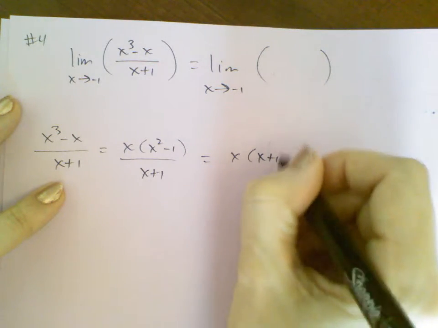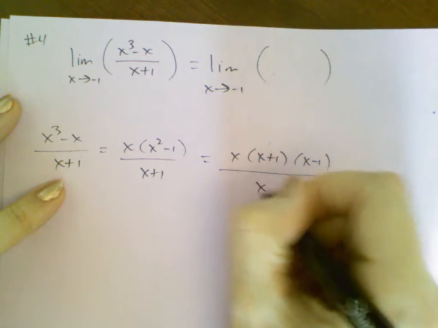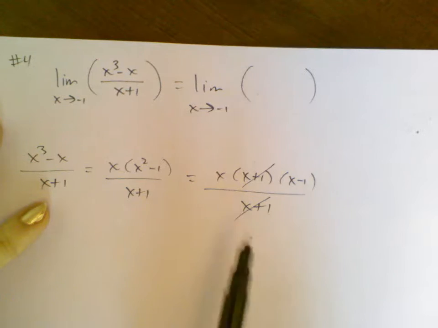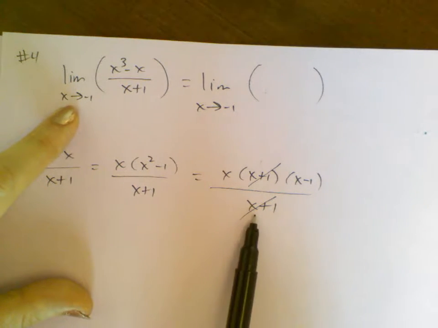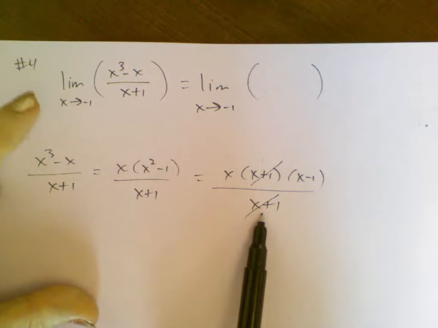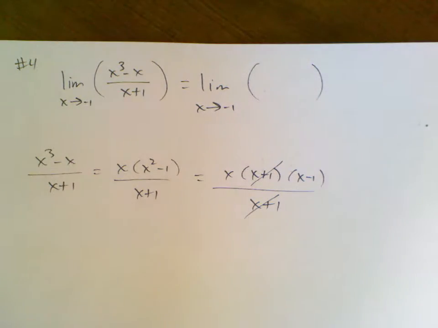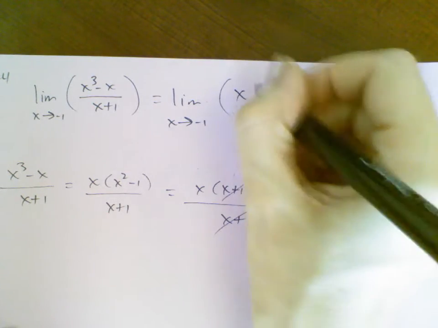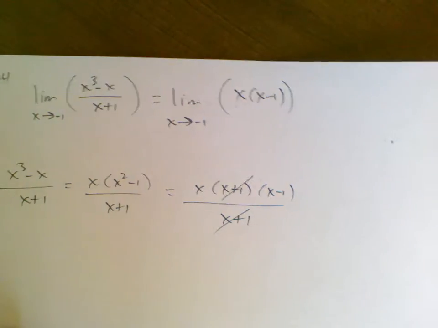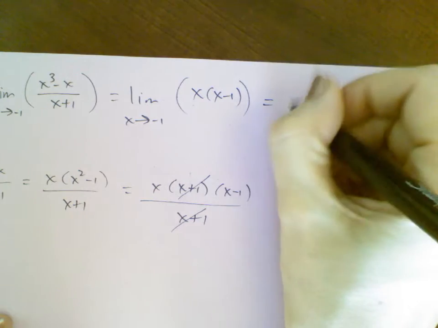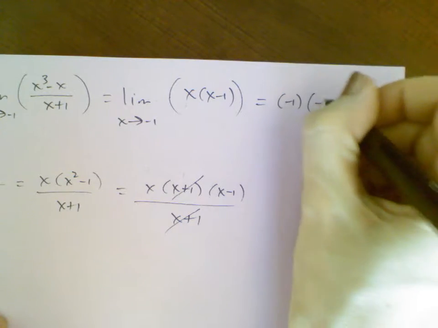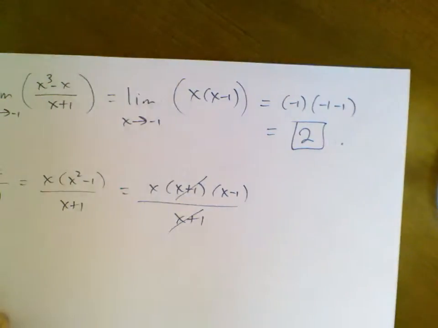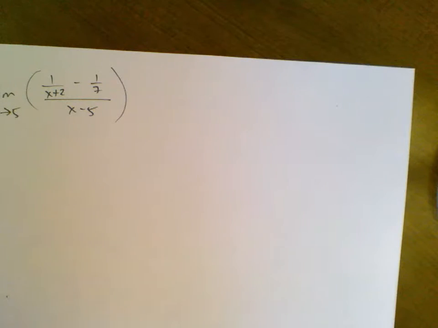This is x. Those x plus 1's cancel, and that's what I wanted to happen, because this x plus 1 was what was preventing us from direct substituting. If whatever prevented you from direct substituting cancels, then you can go back up into the limit and direct substitute. That's negative 1 times negative 2. That's just 2.